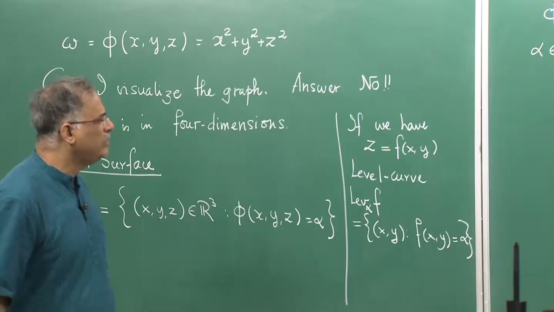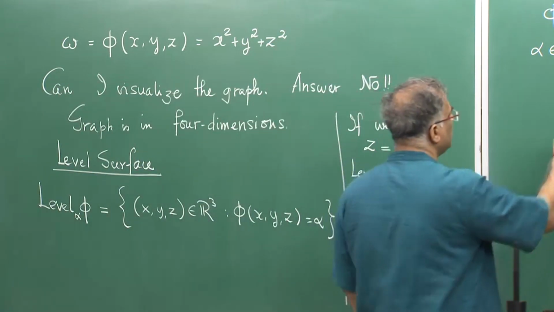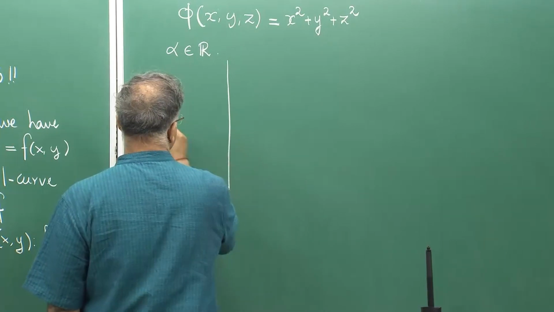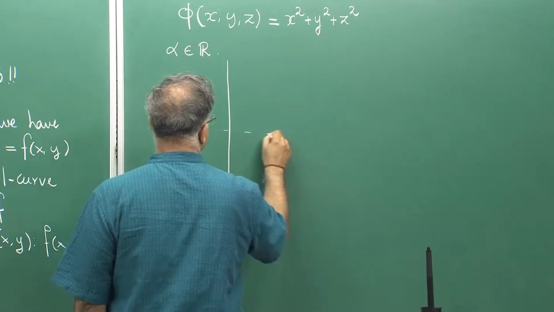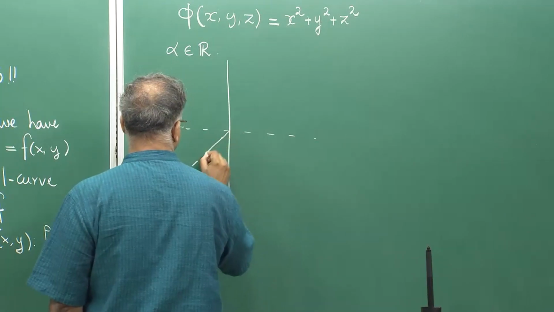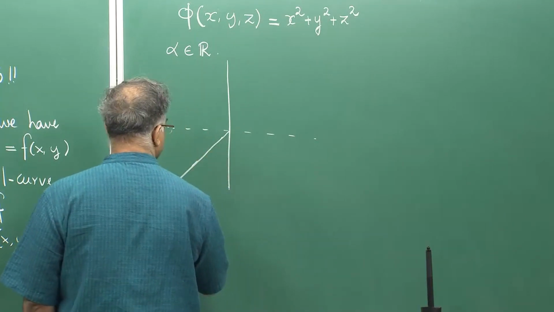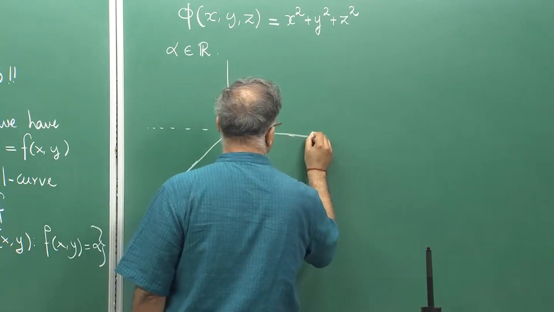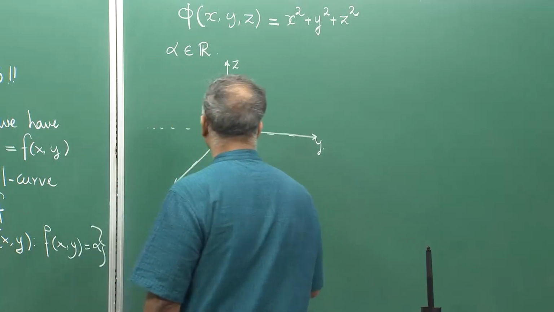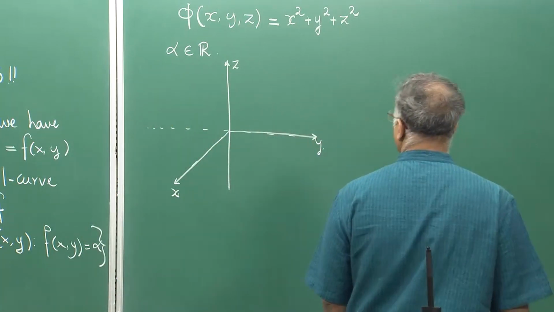So if you draw the level surface of this, what does it mean? We have the x axis, y axis and the z axis. So, what do I mean by this?